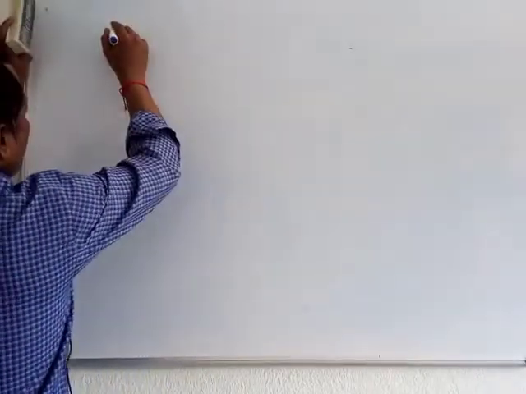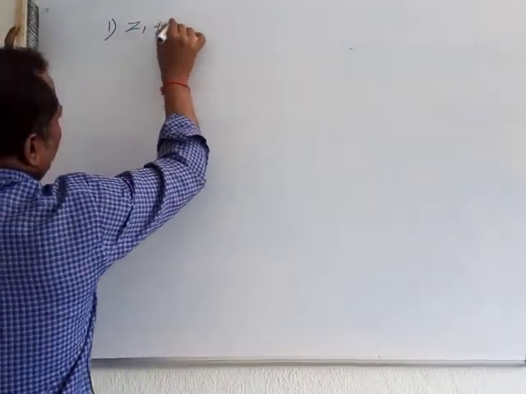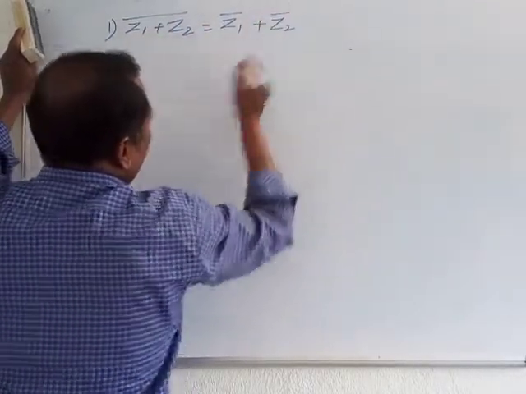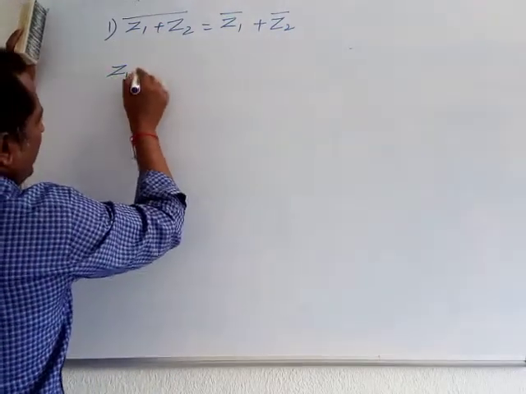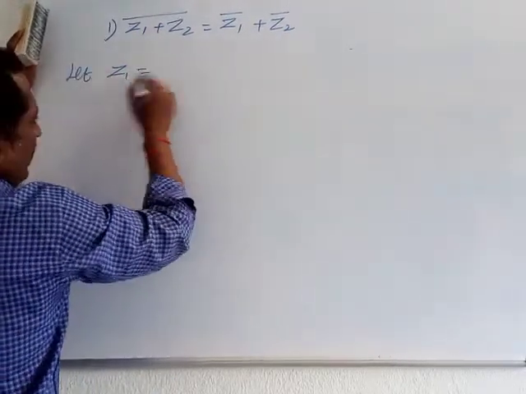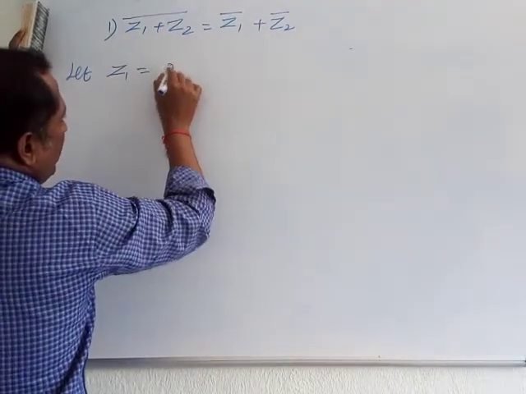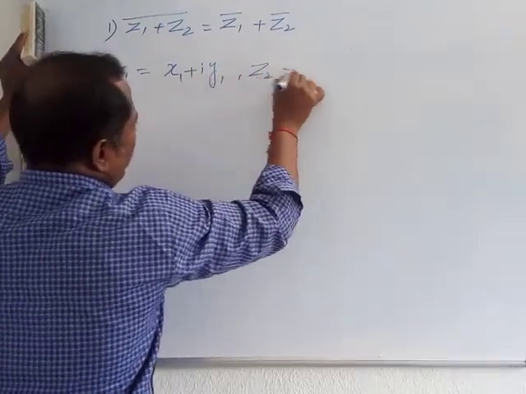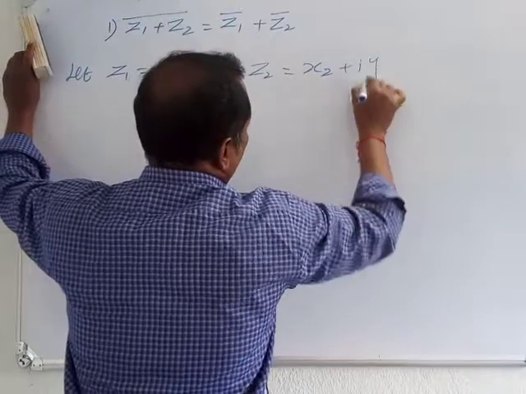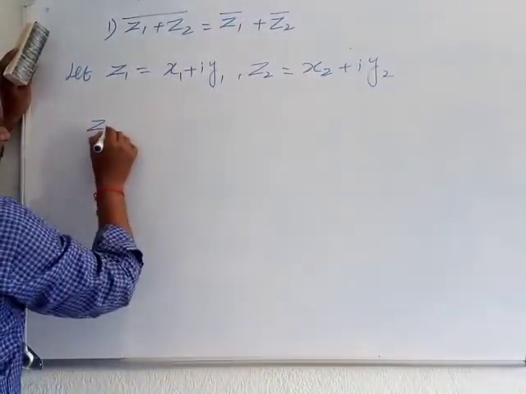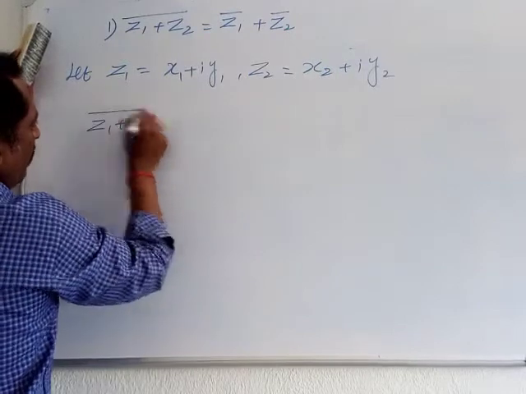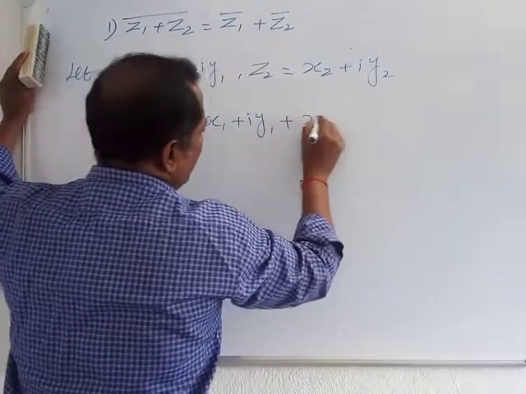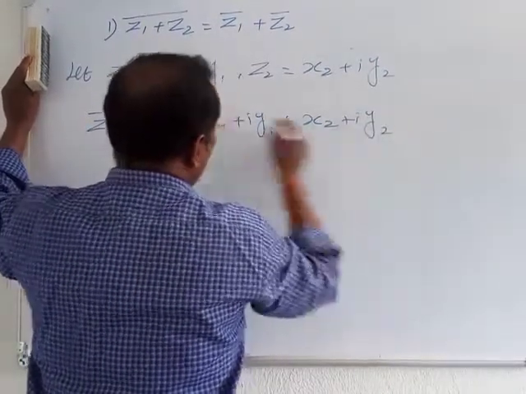The first property is (z1 plus z2) the whole bar is equal to z1 bar plus z2 bar. How to prove this one? Let us take z1 is equal to x1 plus iy1 and z2 is equal to x2 plus iy2. So we have to find (z1 plus z2) bar. Z1 is x1 plus iy1 and plus x2 plus iy2, the total bar.